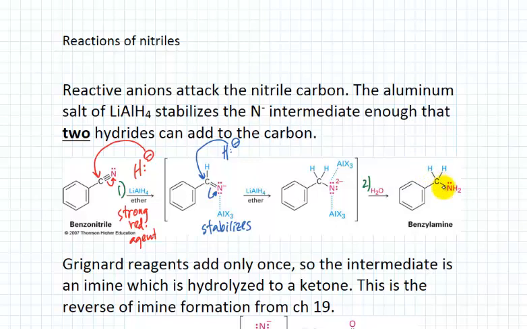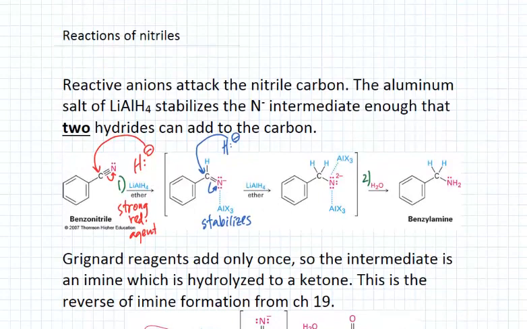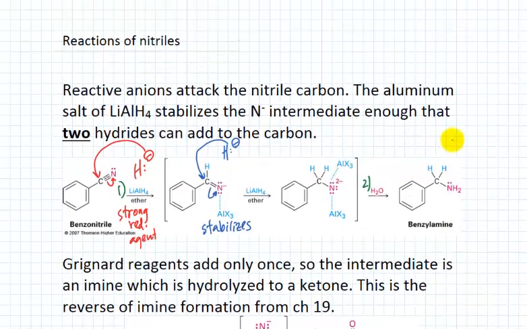That's one way of making an amine. We're going to learn several other ways later on, but this could be useful to us because presumably we could have made a carbon-carbon bond with the nitrile, and reducing it with lithium aluminum hydride is a great way of giving us an amine. It adds this CH2 group also, though.